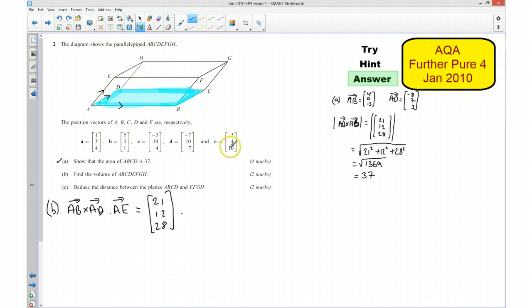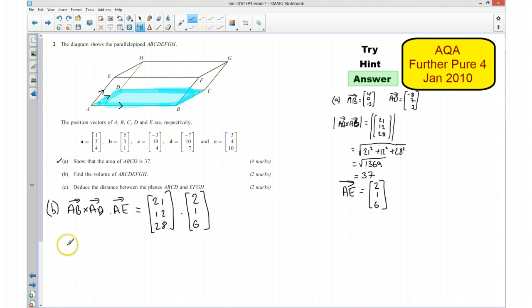AE is E take away A, which is (2, 1, 6).